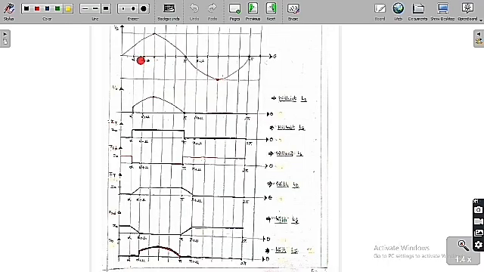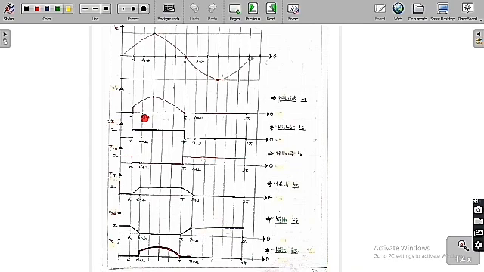Now let us analyze these diagrams. Let me assume the source voltage is Vs of t equal to Vm sin omega t. This is the graph we are going to get, with a positive pulse from 0 to pi and a negative pulse from pi to 2 pi. Now suppose there is no source inductance. Without source inductance, we have already drawn the graphs of the output voltage, thyristor current and freewheeling current. These are the three graphs without any effect of source inductance. I've already told you that at alpha we are going to trigger the thyristor, which means the thyristor is going to turn on.